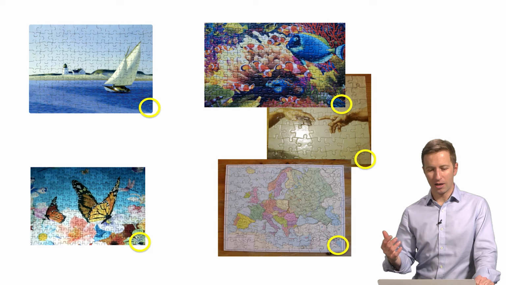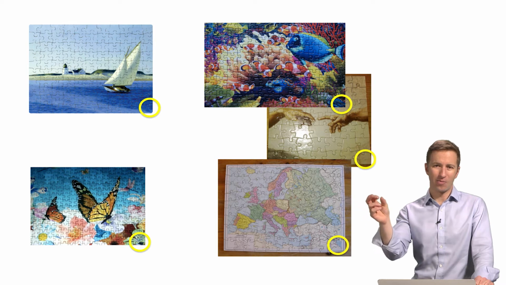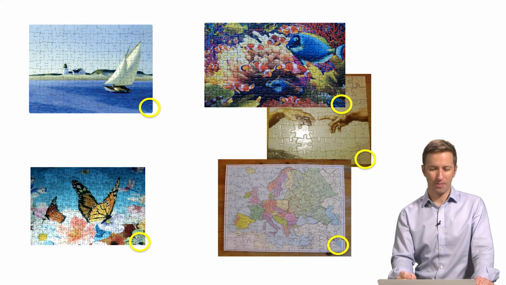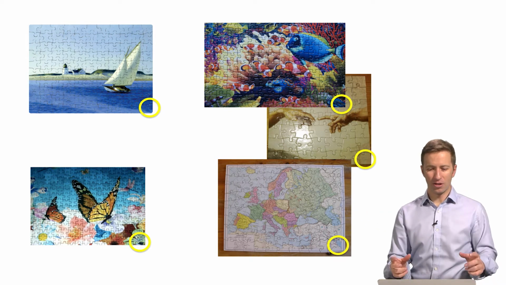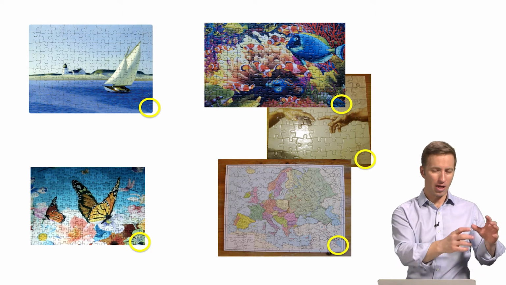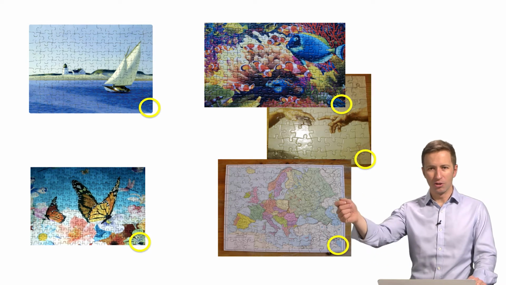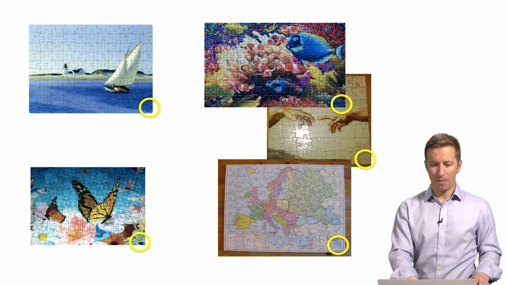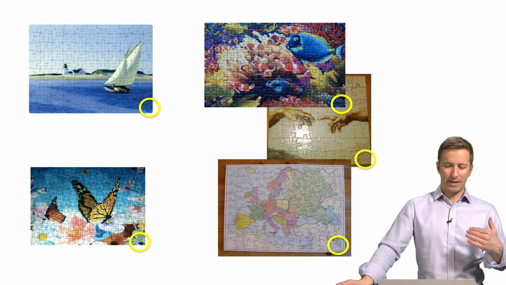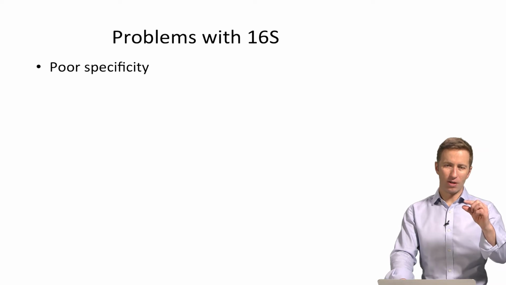My analogy here is that it's like if you had some way of amplifying out all of the corner pieces from all of the different puzzles, then you could line them up and say, okay, these all look the same, so these people all have this bug, or this one's blue, it's probably an ocean puzzle.